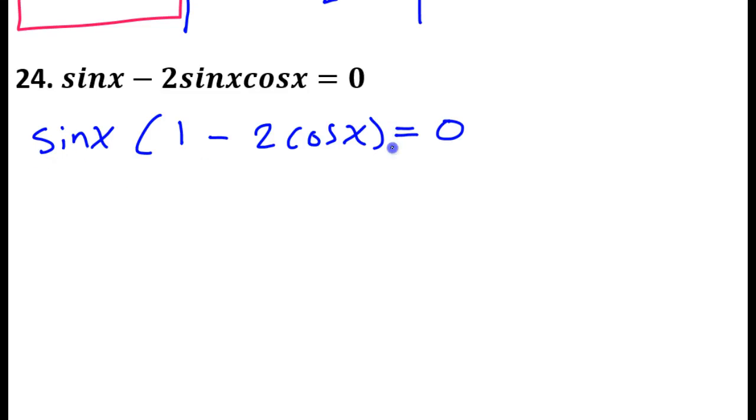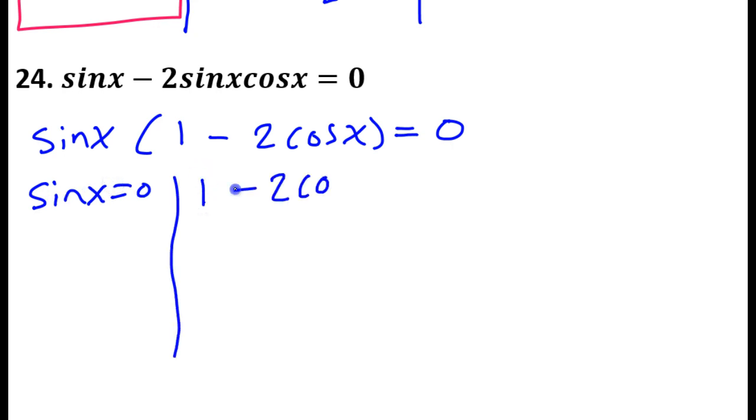Okay, so I can go ahead and set each of these factors equal to 0 right now. So sine x equals 0, work with that, and then I'll have 1 minus 2 cosine x is equal to 0. This needs a little solving, so let's subtract 1 from both sides. So now I have -2 cosine x is equal to -1.